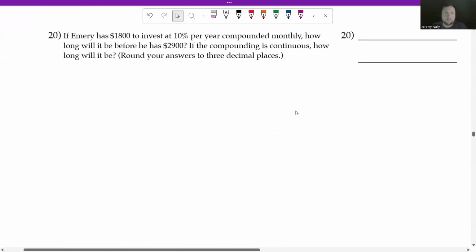Okay. If Emery has $1,800 to invest at 10% per year compounded monthly, how long will it be before he has $2,900? If the compounding is continuous, how long will it be? Oh, okay. So there's two versions of this. So there's the monthly.